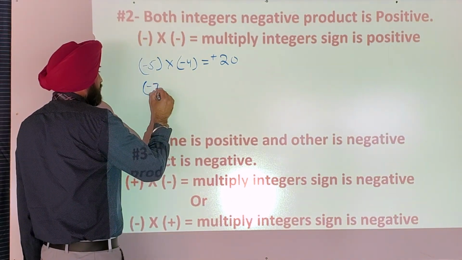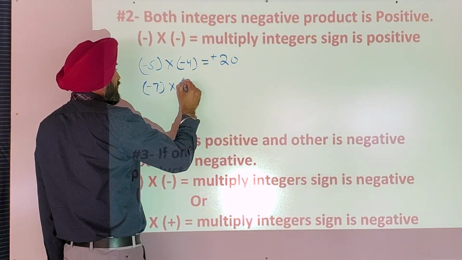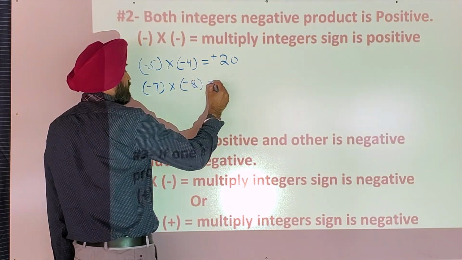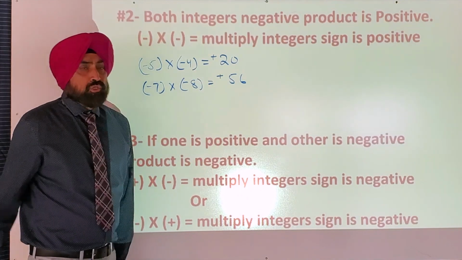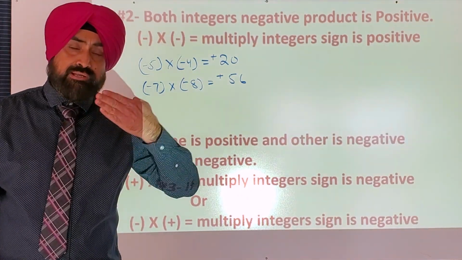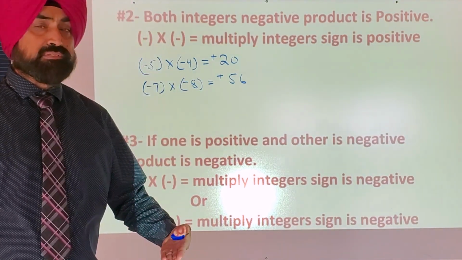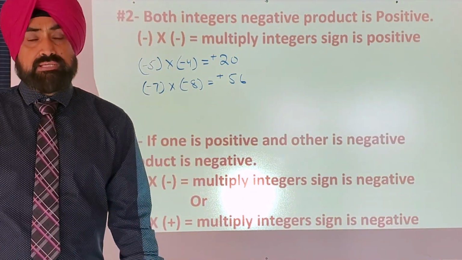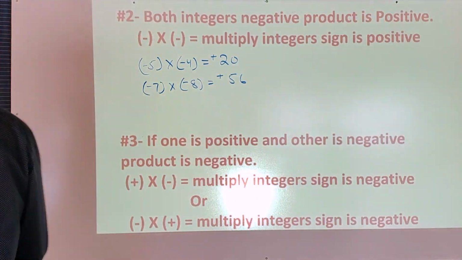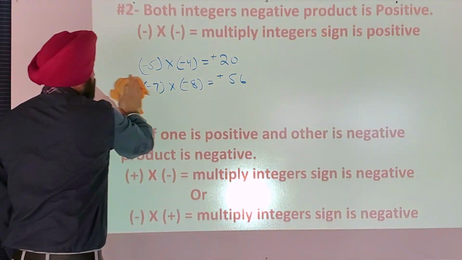Negative 7 times negative 8. So first multiply: 56. Both are negative, the sign is positive. So it's very simple. The first two rules: if both integers are positive or both are negative, the sign will be positive. Very easy. Let's see the third rule.